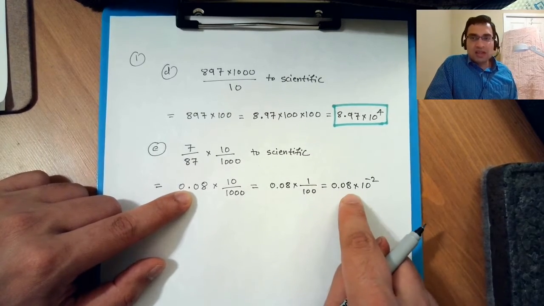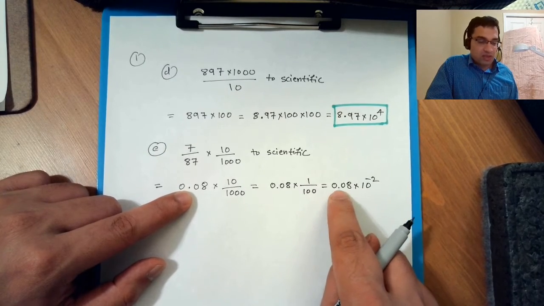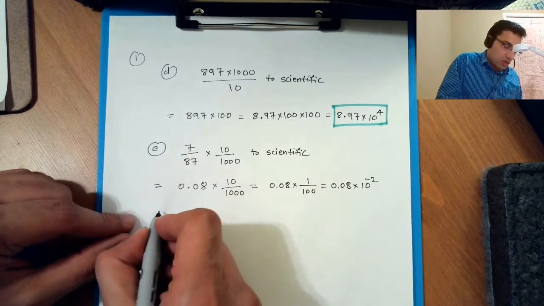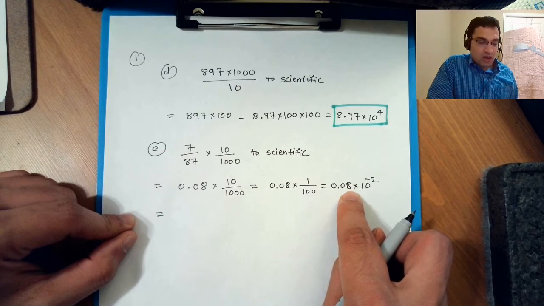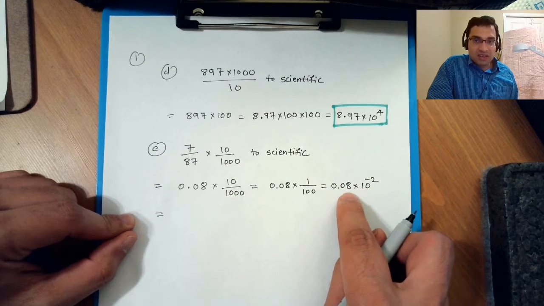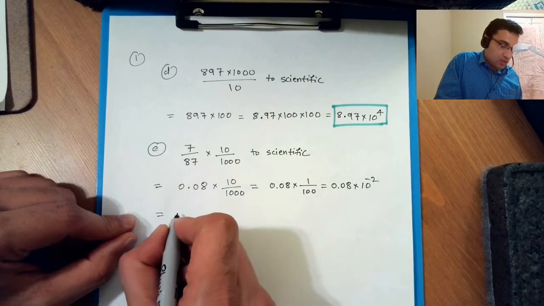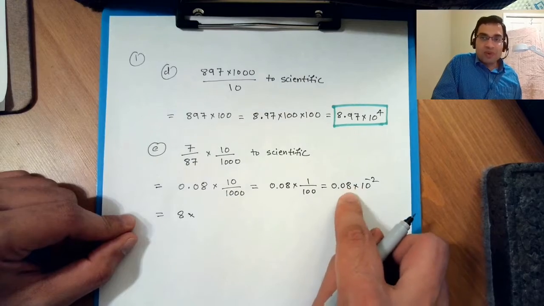But this is not the right scientific notation, right? Because this 0.08 is not between 1 and 10. So I make it bigger by a factor of 10, but then I also have to incorporate that factor of 10 somewhere. Sorry, factor of 100.